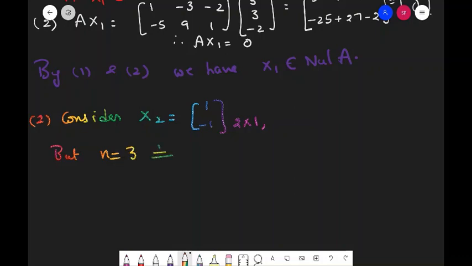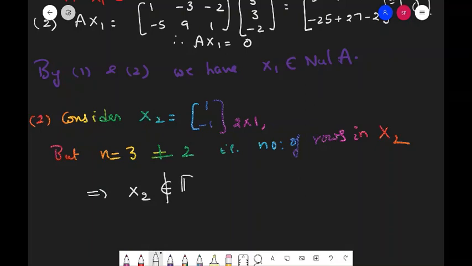It is not equal to 2, that is, the number of rows in x2. Which implies x2 does not belong to R3. Hence, x2 does not belong to null A. So the first condition itself is not satisfied. Therefore, we say that it is not in null A.